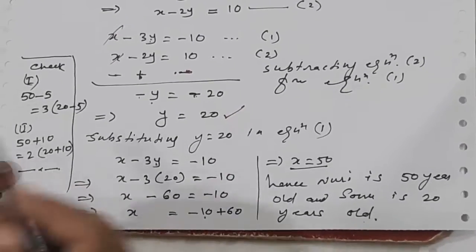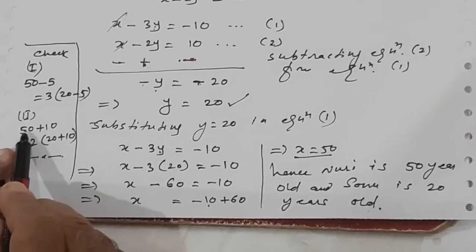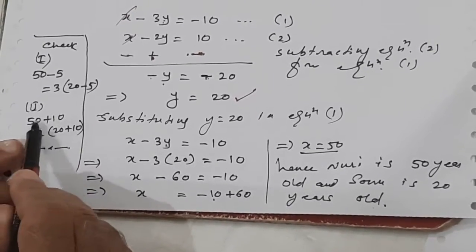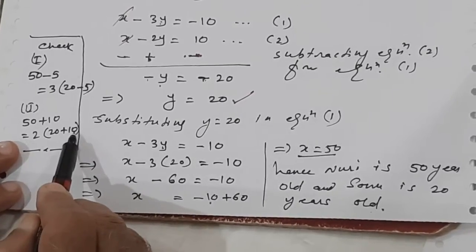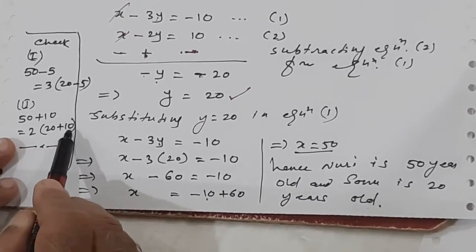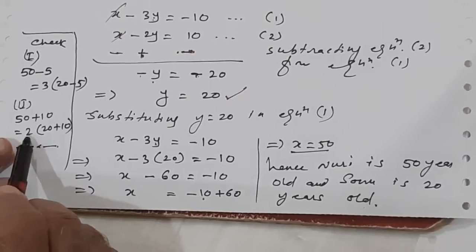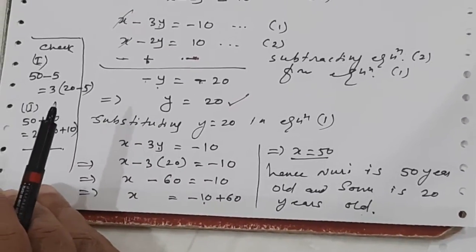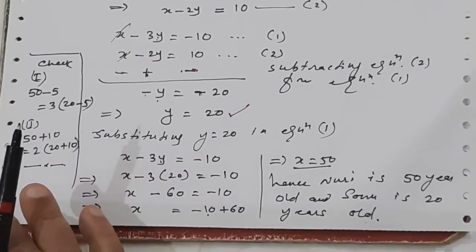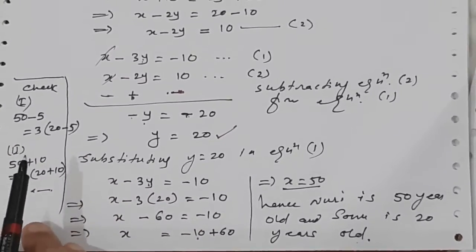Second condition, 10 years later, Noori will be 60, 50 plus 10, and Sonu will be 20 plus 10 and twice. See, 20 plus 10 is 30, twice of 30 is 60. So our equation conditions are satisfied. This is the way you can check your answer and confirm.